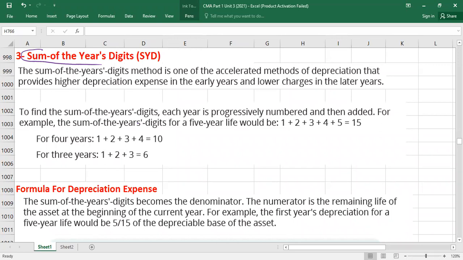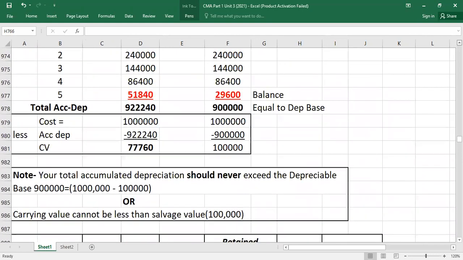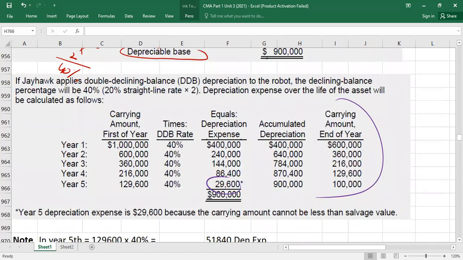In earlier years, it will give you higher depreciation, and in later years, it will give you lower depreciation, same as it was happening under the declining method. See, in the declining method, in the first year, what was the depreciation? 400, then 240, then 144, then 86, then 29. Same pattern, not the same amount. The same pattern will be under the sum of years digit method.